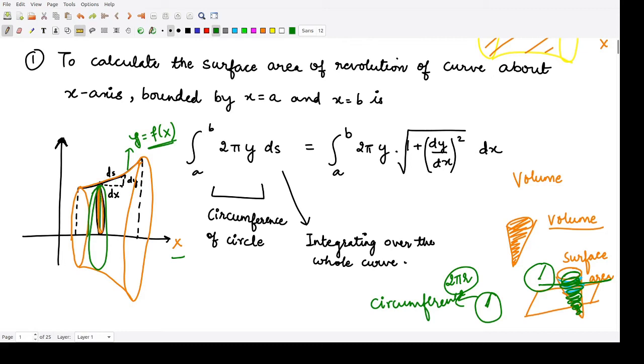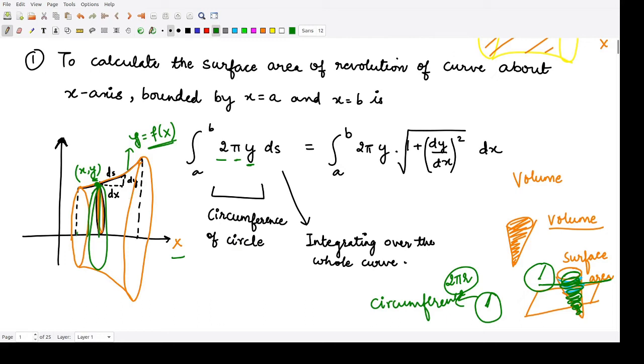So what is this vertical distance here? Suppose this point is x comma y, so this vertical distance would be the coordinate y itself. So the circumference of one circle would be 2 pi into y. That is for one circle, and how many such circles are present in this figure? They are infinite in number.